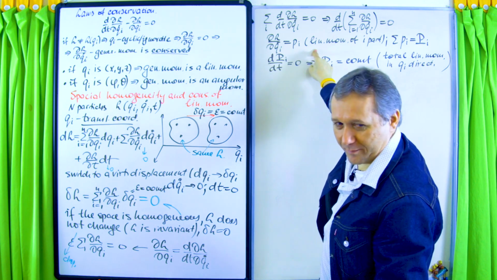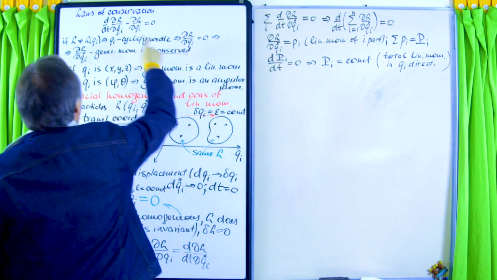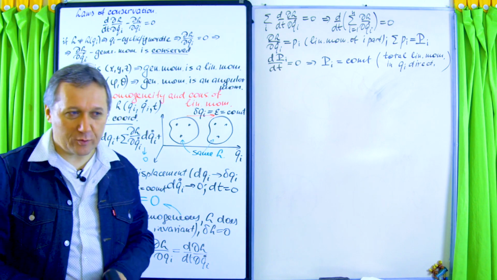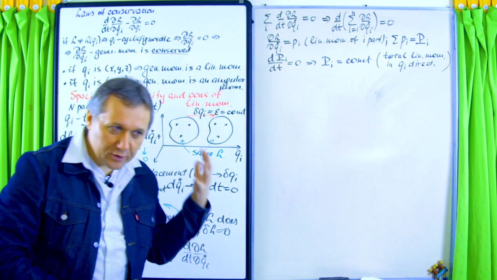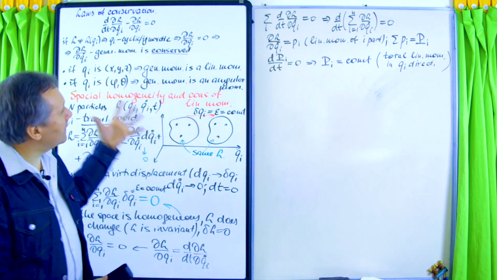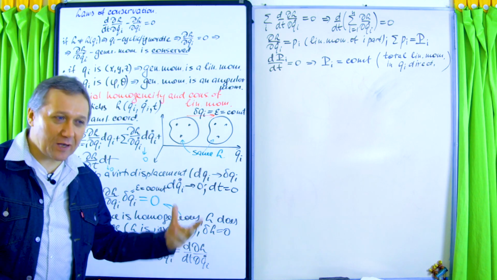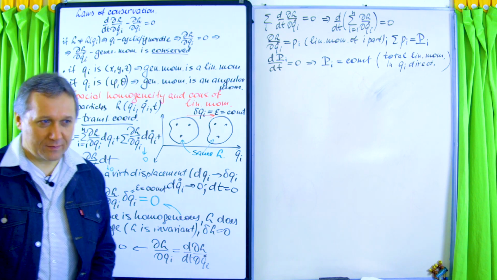But we didn't show it. Also, we didn't show that the partial derivative of L with respect to generalized coordinate is a generalized force. We didn't show these two gaps, and now it's time to prove them.